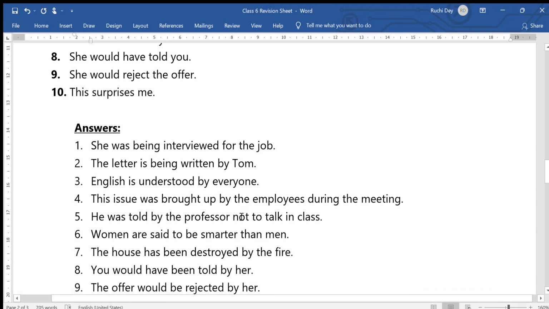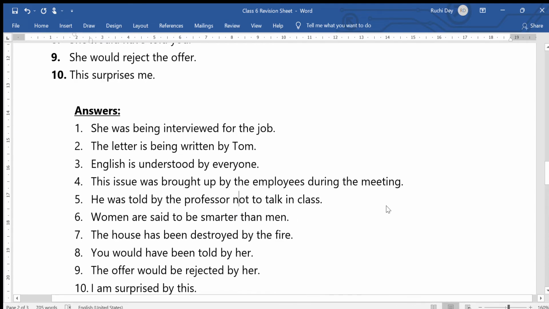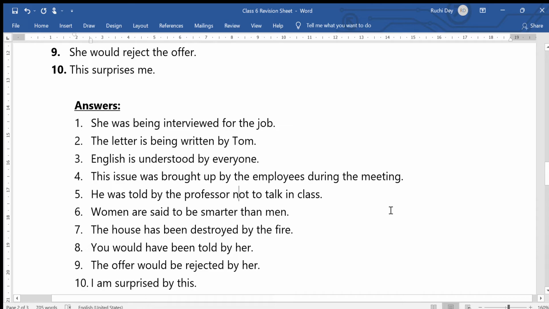The offer, now see how the object comes in the beginning. The offer would be rejected by her. Okay, the last one. This surprises me. Now, there is no proper object there, of course we have a me there. So me comes in the beginning, that becomes I. I am surprised by this.